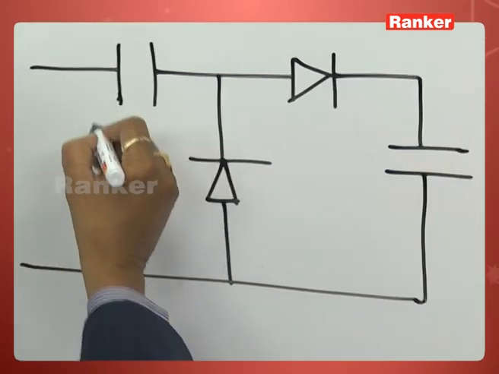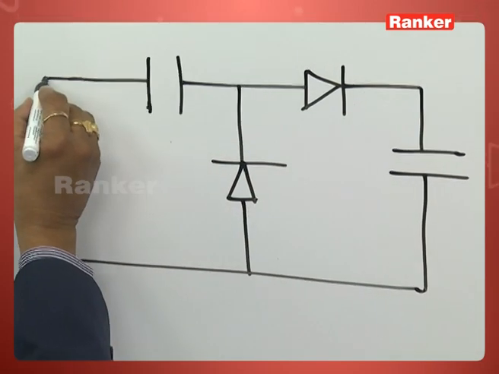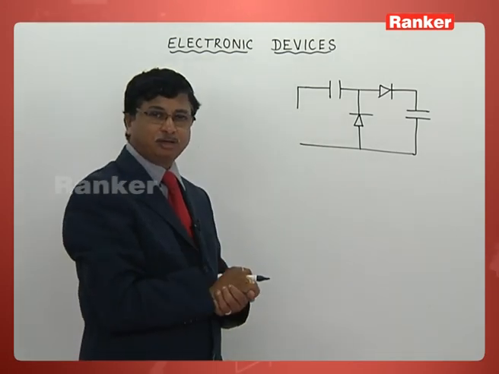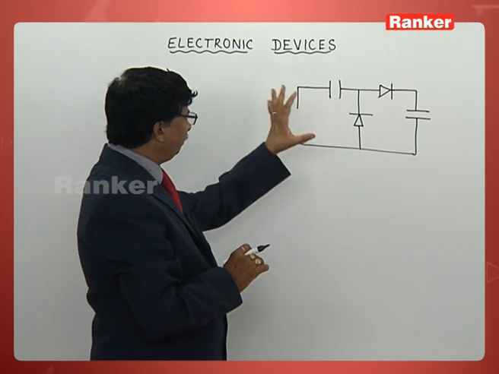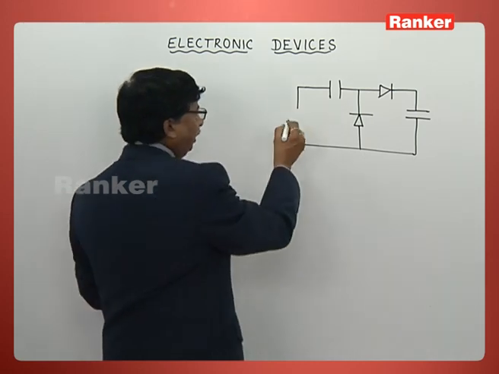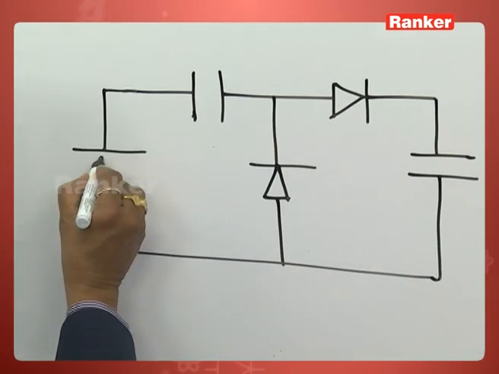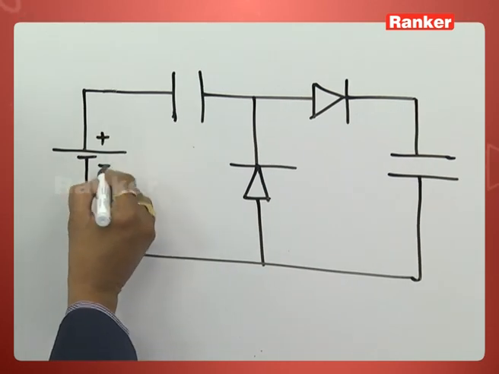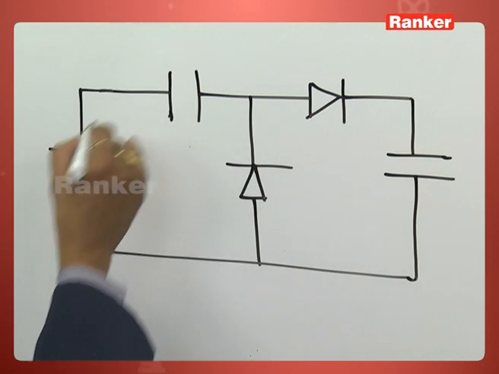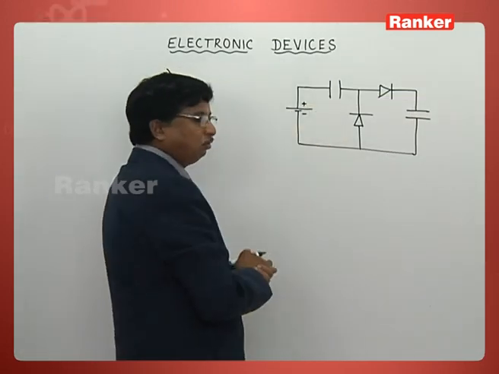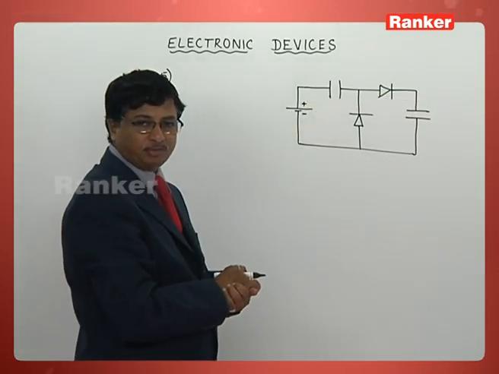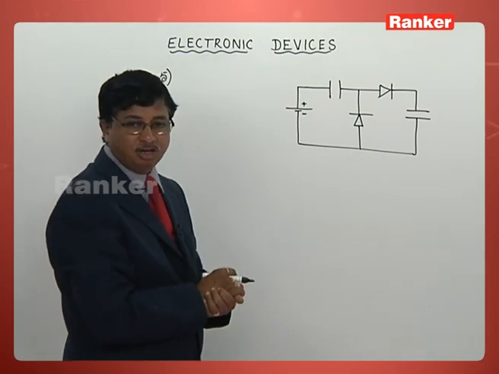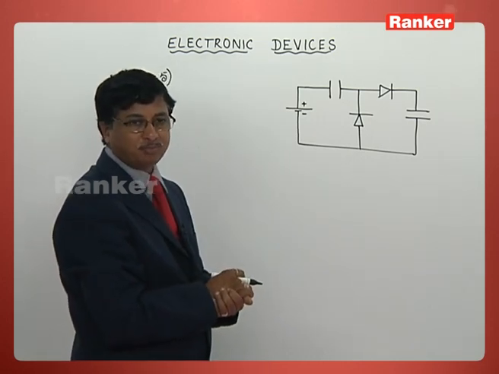This is one capacitor, this is the other capacitor, and here he has given us a cell. Whenever such a circuit is given, identify carefully how the cell is connected across. Positive is connected to this and negative is connected to this.